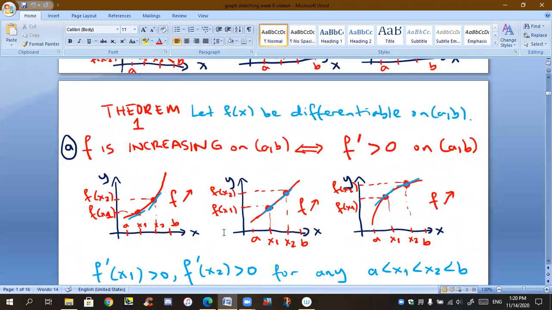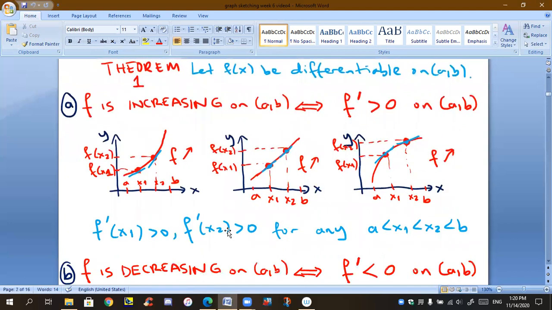So then there is a relation between the sign of f prime and whether a function is increasing or decreasing. That's a theorem: let f be a differentiable function on an interval a to b. If f is increasing on an interval, then f prime is positive on that interval. Look at these three increasing function pictures we had, and draw tangent lines at any point. If we draw the tangent lines at x1 and x2, all of the tangent lines are going upwards.